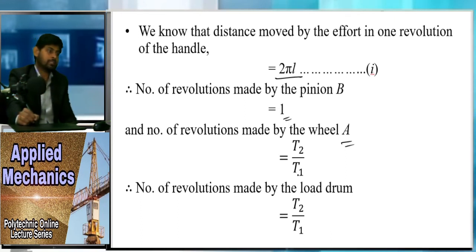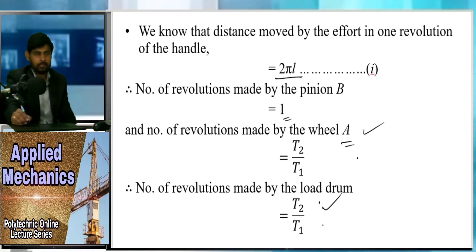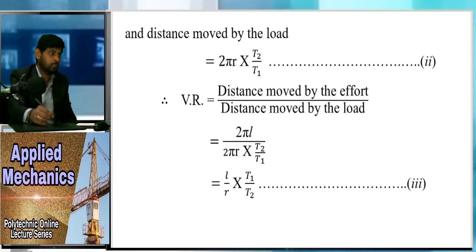The number of revolutions made by the load drum is also T2 by T1, similar to the wheel. Now the distance moved by the load is 2 pi R into T2 by T1. So this is your equation number 2.